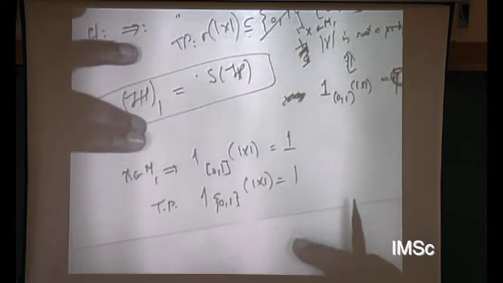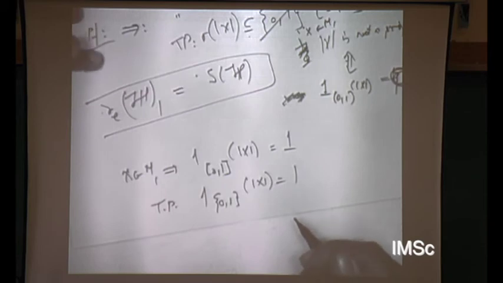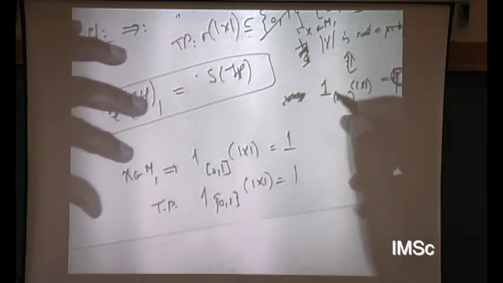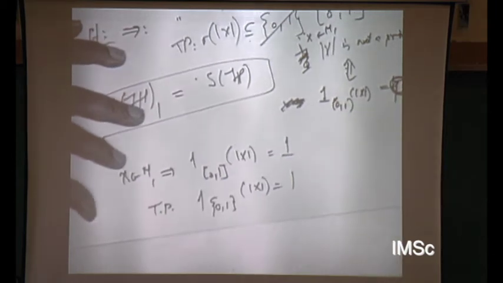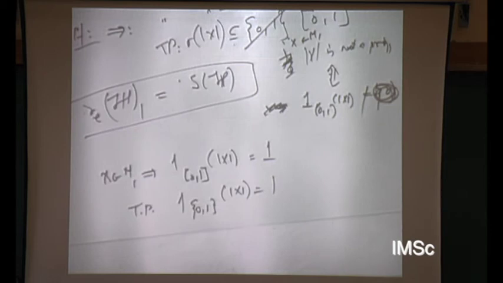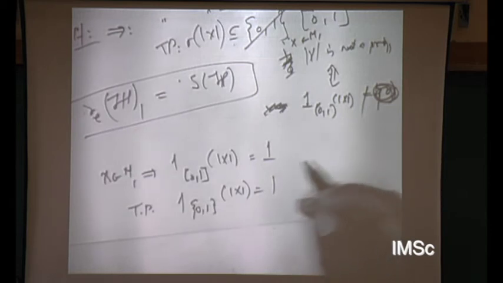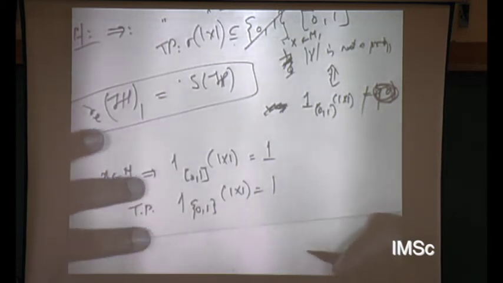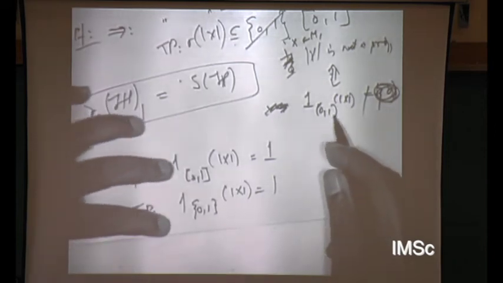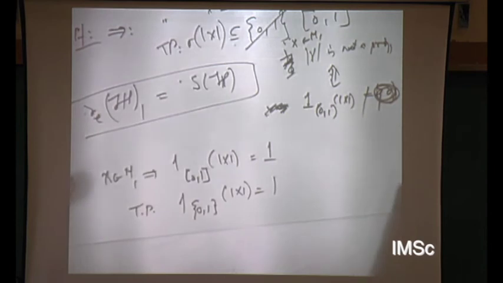Sorry, I meant if mod X is a projection. So to say that mod X is a projection means that this indicator of (0, 1) of mod X must be 0.